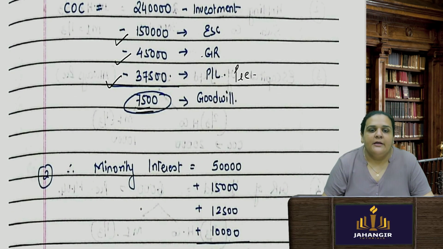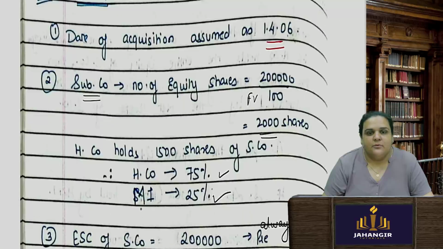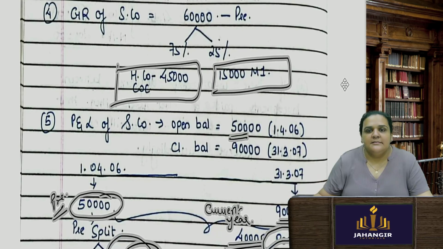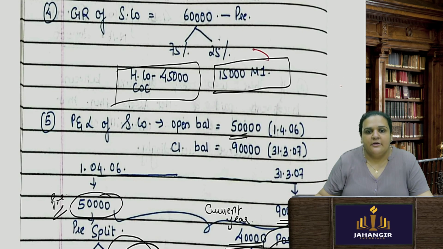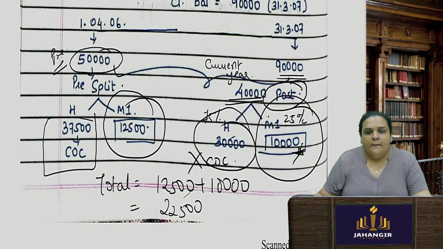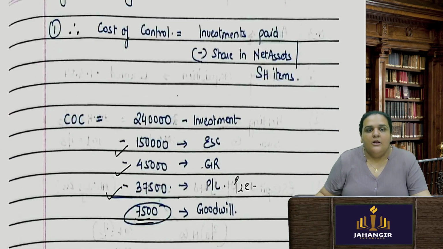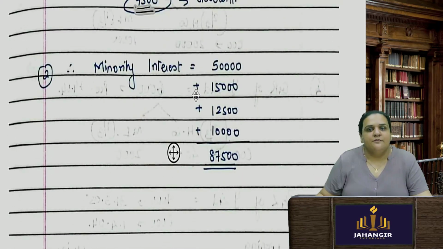Okay, and minority interest, you will add all the items. You will add shareholders items here. This is minority interest. 50,000 plus share in the general reserve, 15,000 plus 22,500. All you will add together, 12,500 plus 10,000.